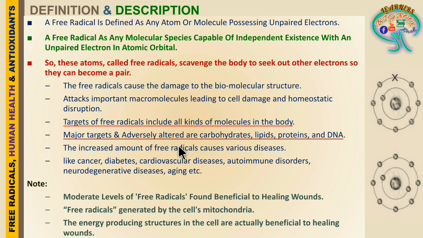Those diseases can be cancer, diabetes, cardiovascular diseases, autoimmune disorders, neurodegenerative diseases, and aging, etc. Apart from this, there are many more diseases, but here we have counted only those with the higher impact and greater number.